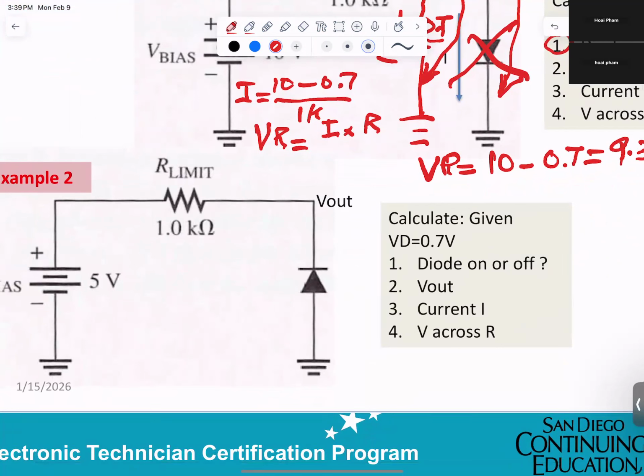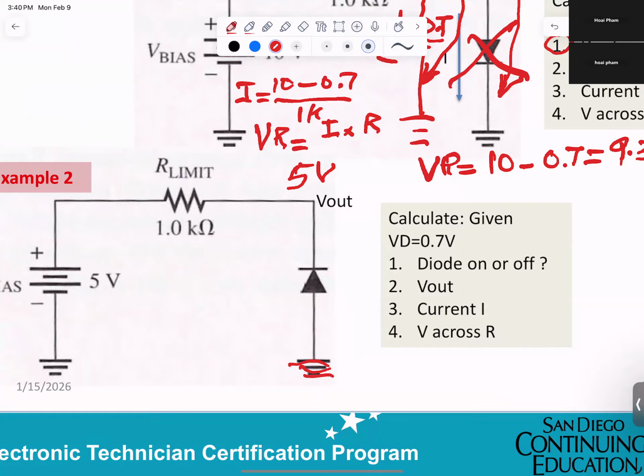The next: diode on or off. Off. Off. The thing is, if you don't have a diode, here will be 5 volt. 5 volt here, ground here.